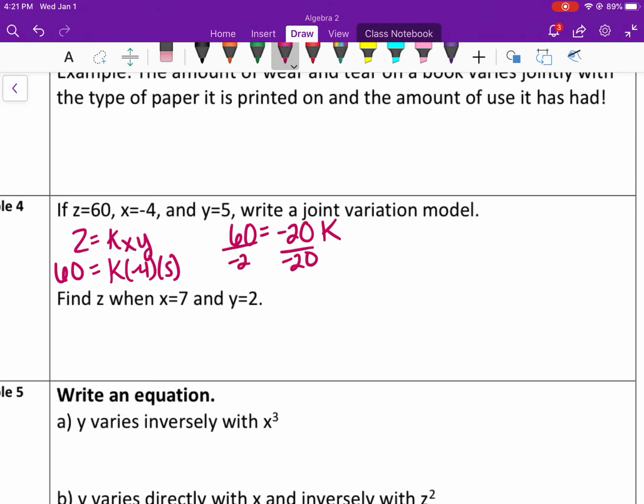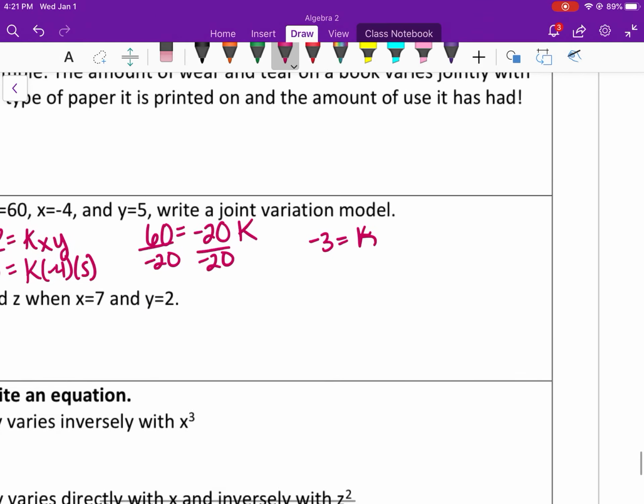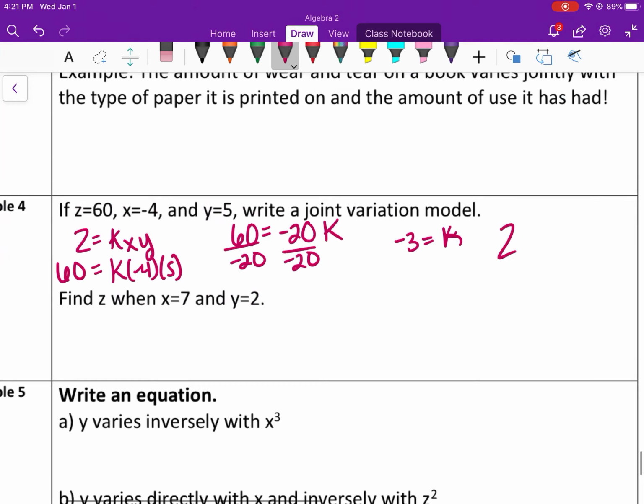So solve for k by dividing by negative 20, you're going to get negative 3. So your constant of variation for these three data sets is negative 3. So a model that would work would be z equals negative 3xy. So you solve for your constant of variation, you plug it back into the model. Then use the model to find another point in the set.